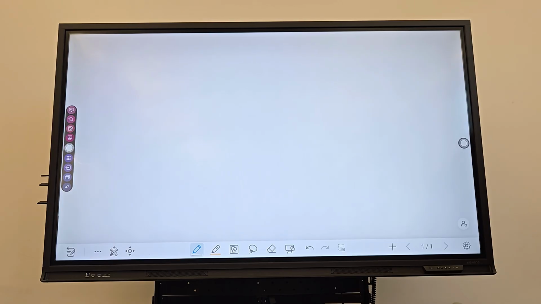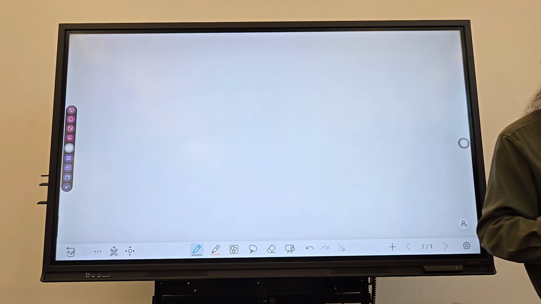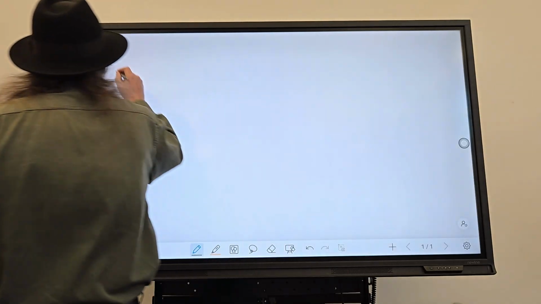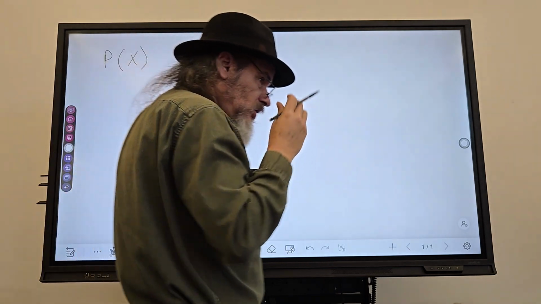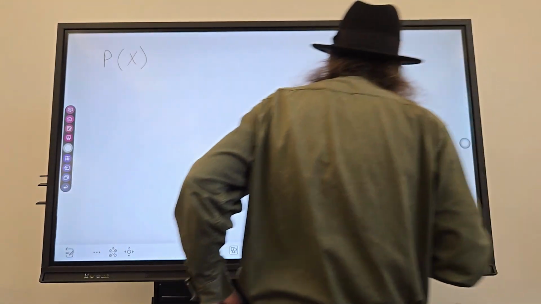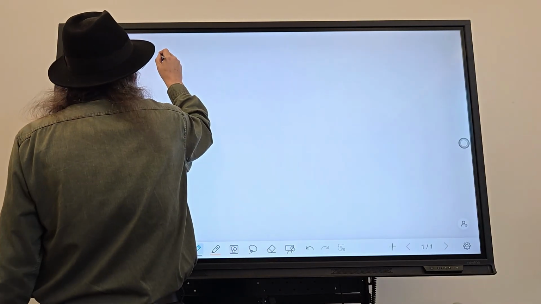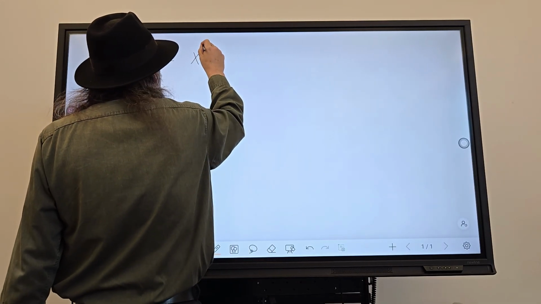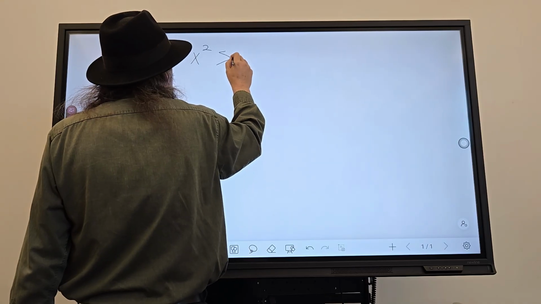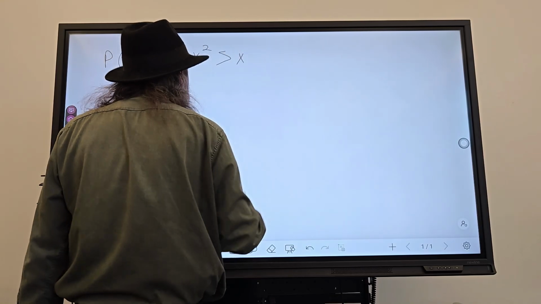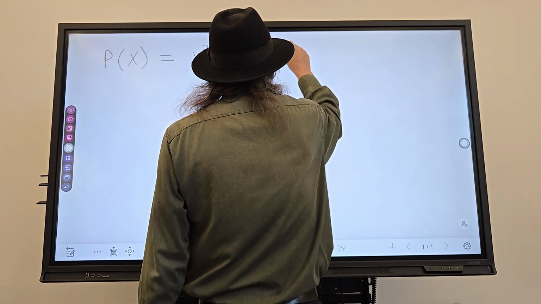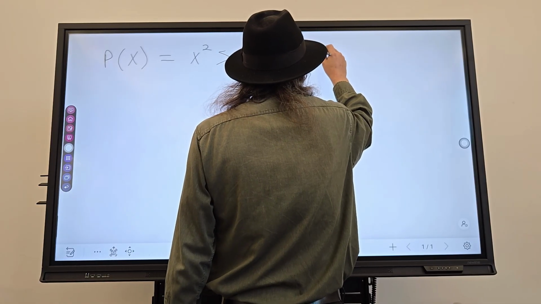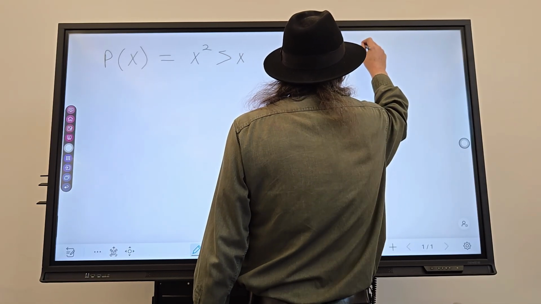Let's see here. Finding the truth values of a predicate. Take P of x, the predicate x squared is greater than x, with the domain being real numbers.